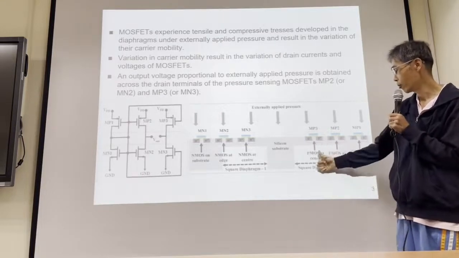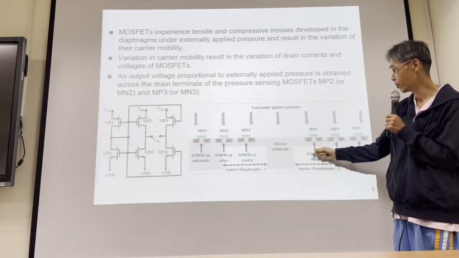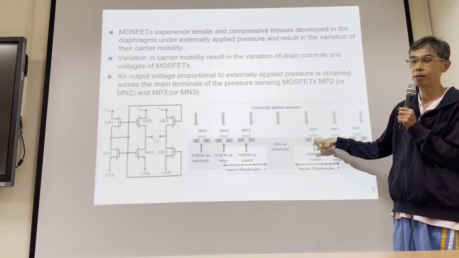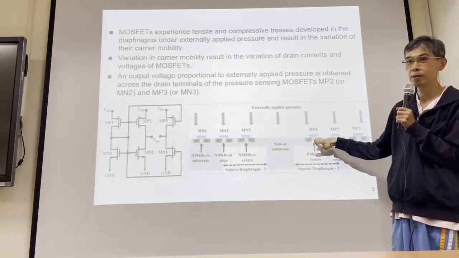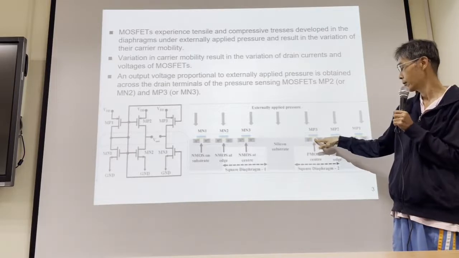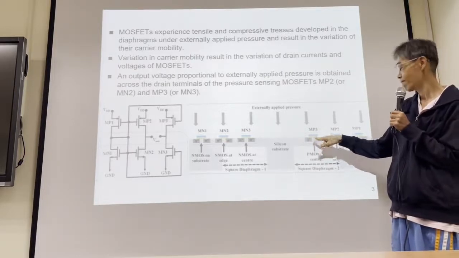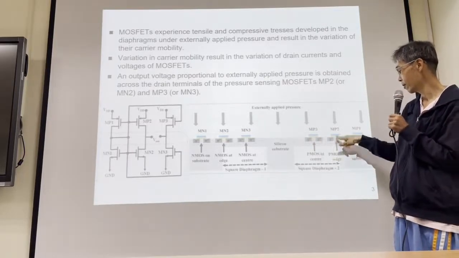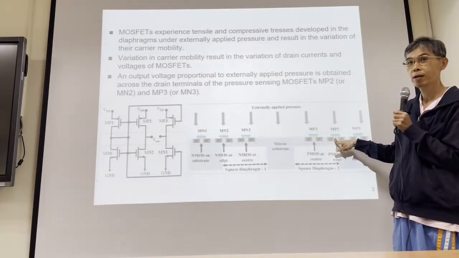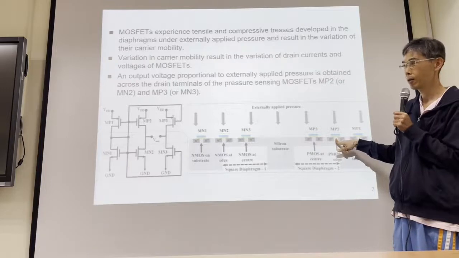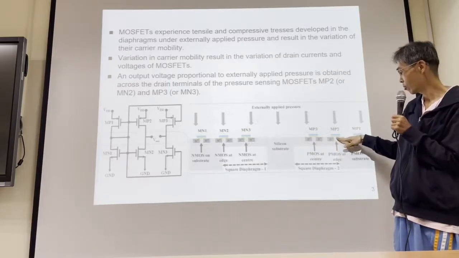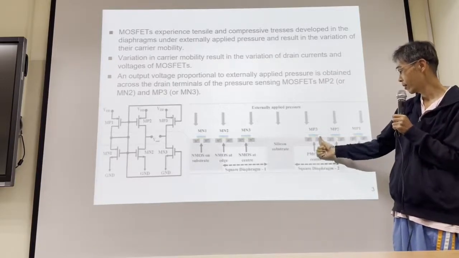So if we have pressure coming from below, this one is under tension or compression? Lower side should be compression and upper layer should be in tension. This one, tension. And this one, tension or compression? Tension.